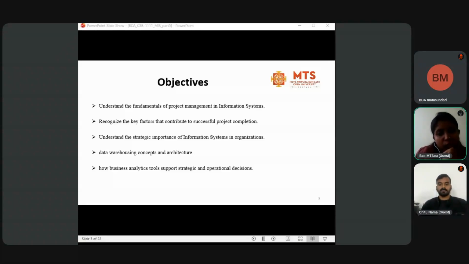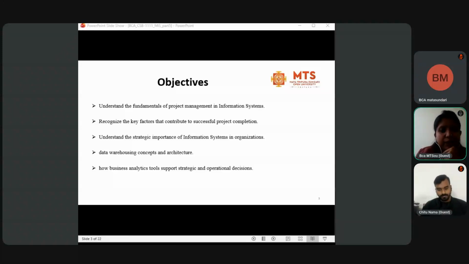And then a good project plan clearly states what has to be done, and how it will be done and who will do it. Proper planning helps avoid delays and misunderstanding during project execution. So this is project planning. There are a few steps in project planning.